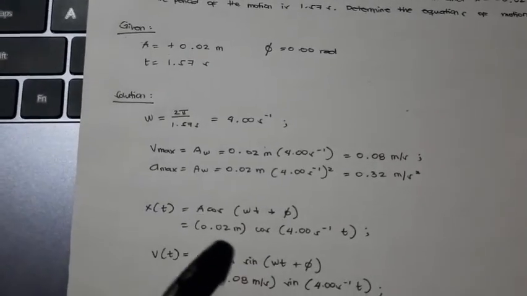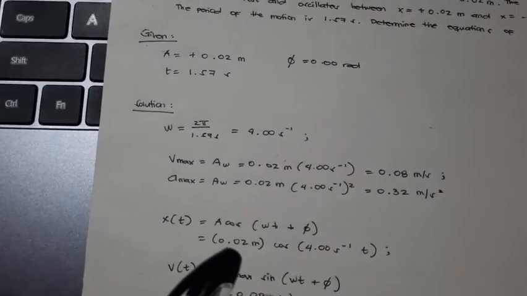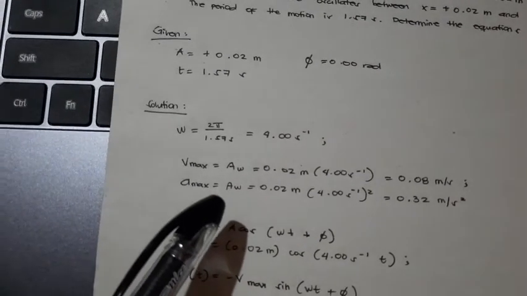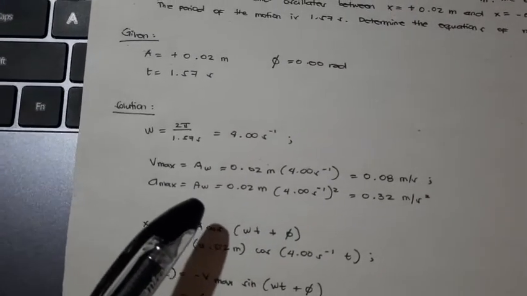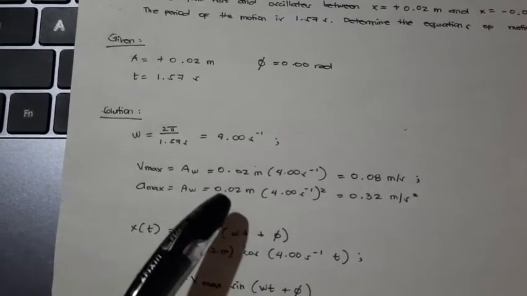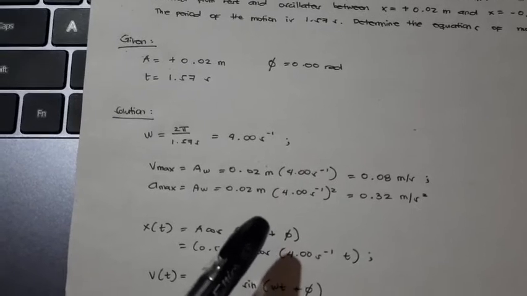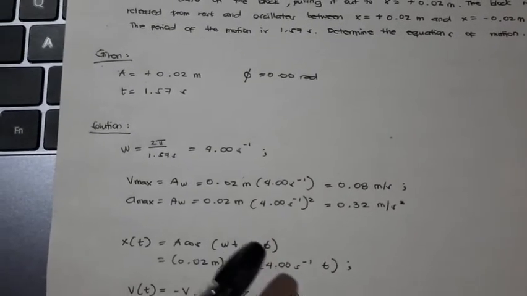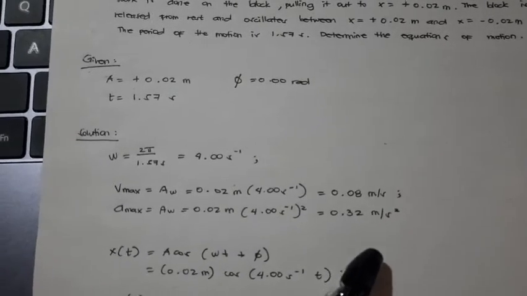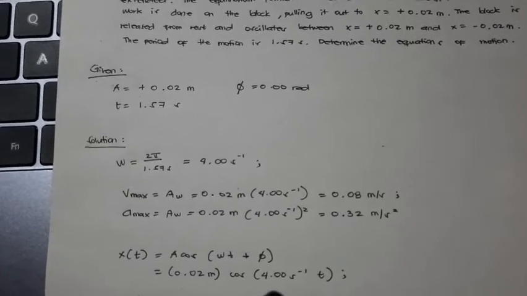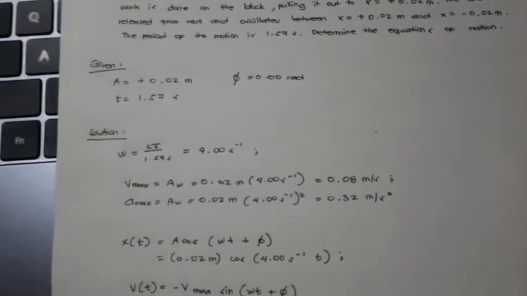Next, to get the maximum velocity, which equals the amplitude multiplied by the angular frequency, our amplitude is 0.02 meter multiplied by the angular frequency, which equals 0.08 meter per second. That is our maximum velocity.